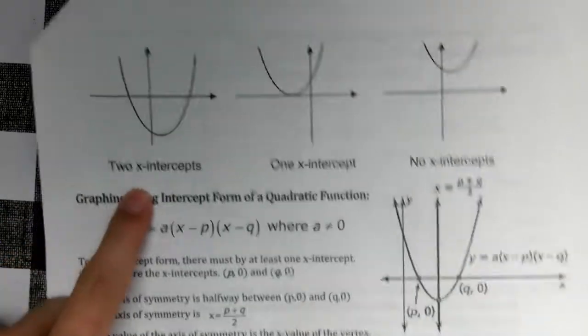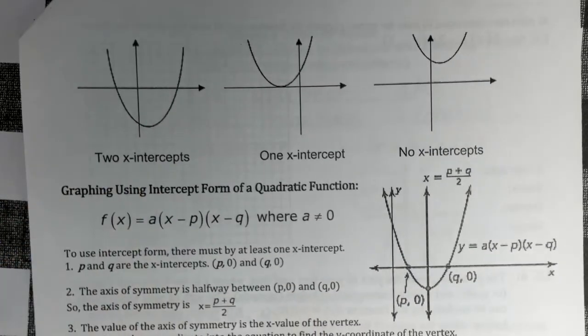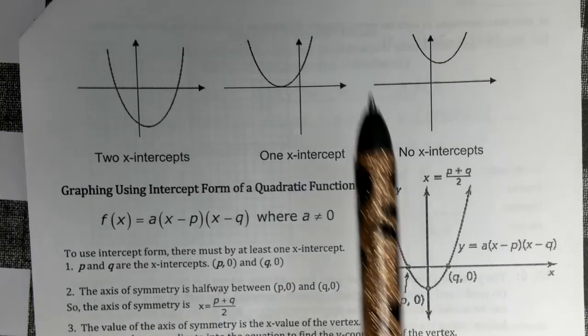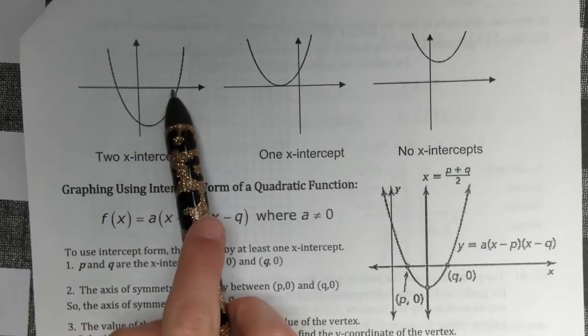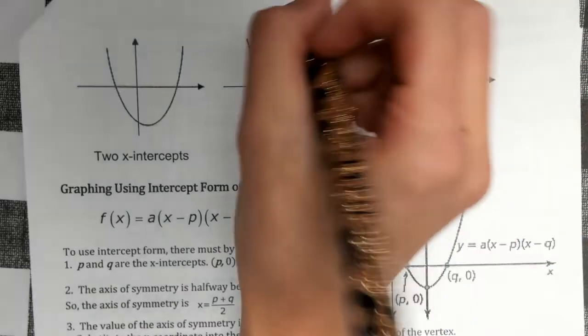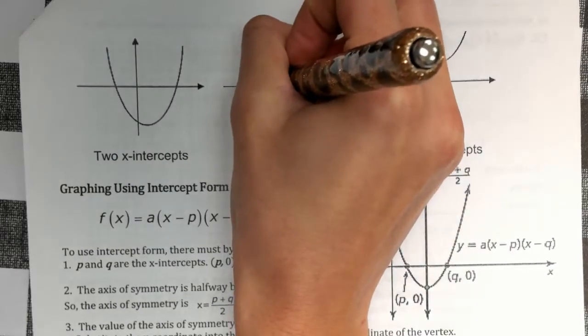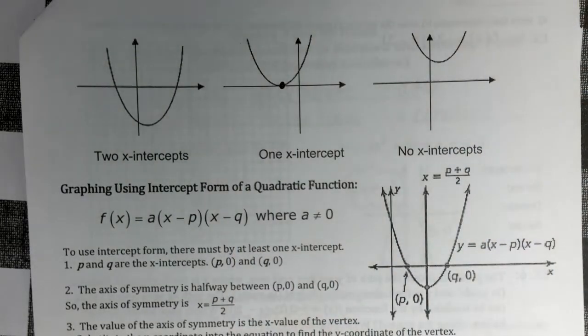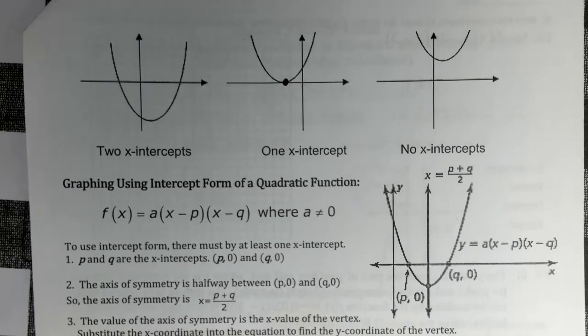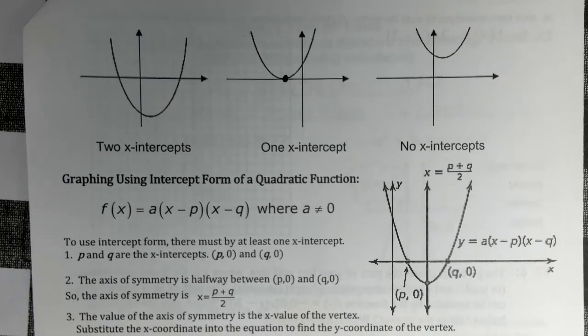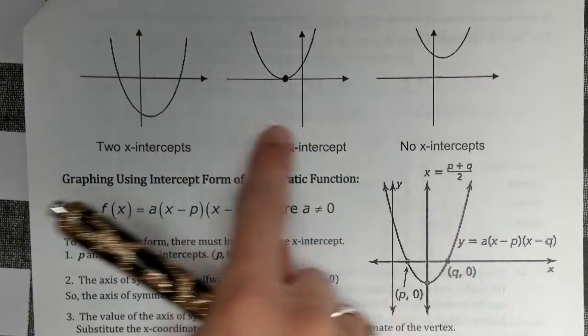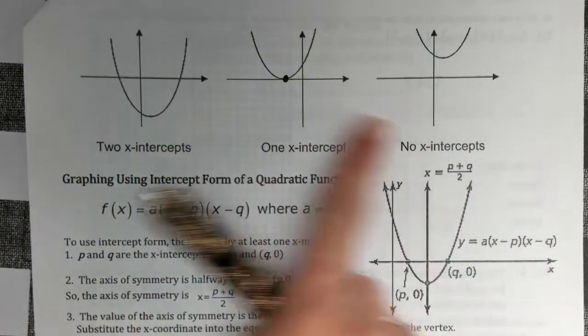Alright. Intercept form. If I have two x-intercepts, this is what it looks like. If I have one x-intercept, then my vertex ends up being my x-intercept. We're going to have a section where we actually analyze what's happening when we predict this kind of stuff, but for now, you're just looking at what happens.